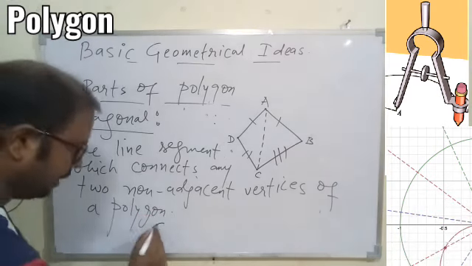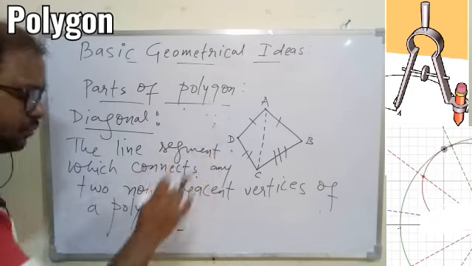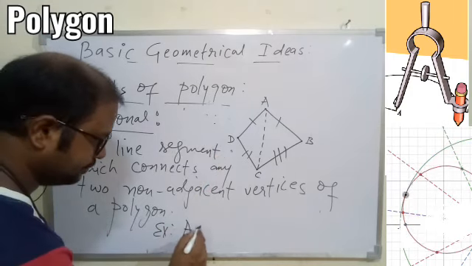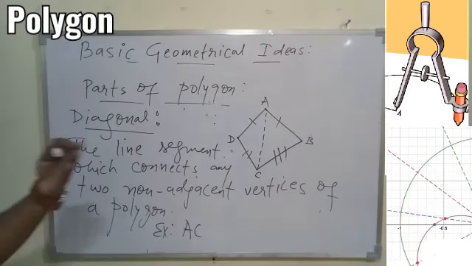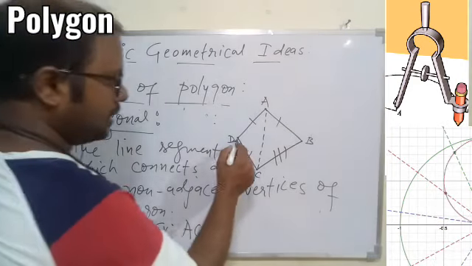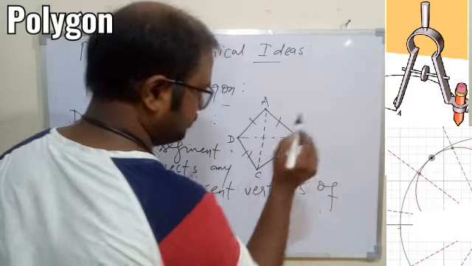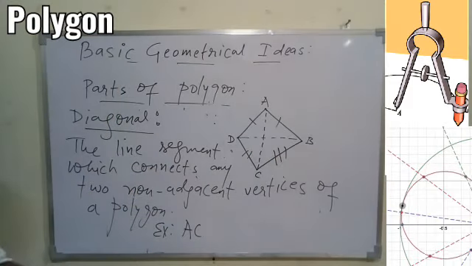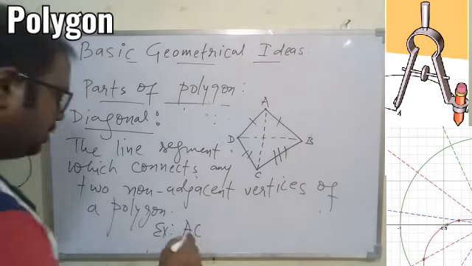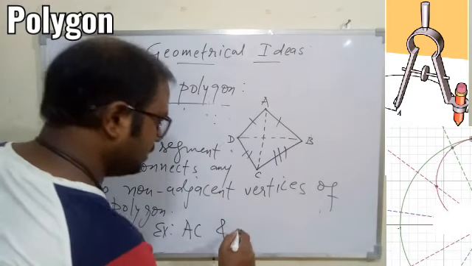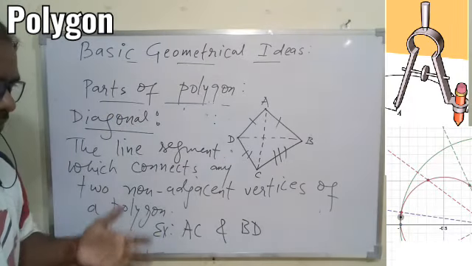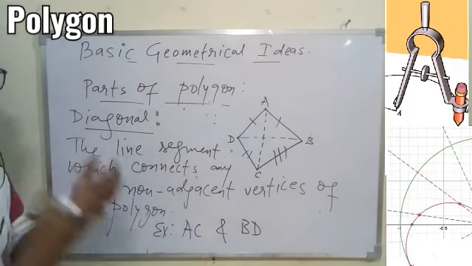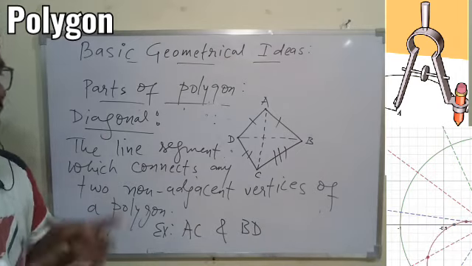Here the first example I have shown you is AC. AC is one diagonal because A and C are non-adjacent. Now I can connect B to D also. B and D are also non-adjacent, and the line connecting B and D is another diagonal. So AC and BD are the only two possibilities we have. That is, only two diagonals can be made in this particular polygon.